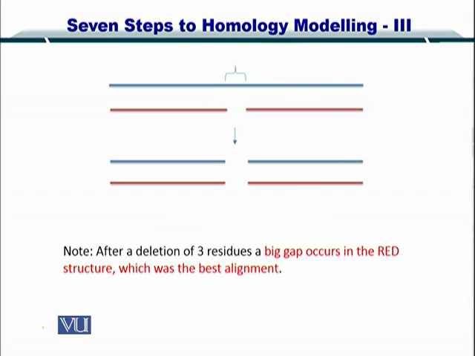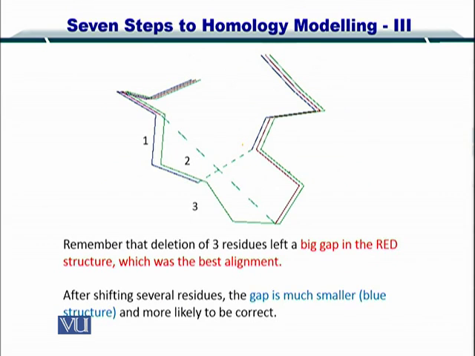So once you have removed the amino acids that were extra, you can see that there is a gap that is here now. So you need to cater for these gaps as well after you have deleted the extra amino acids. So for that, you need to optimize how this gap will be placed in the structure. So as I just mentioned, the gap needs to be as small as possible.